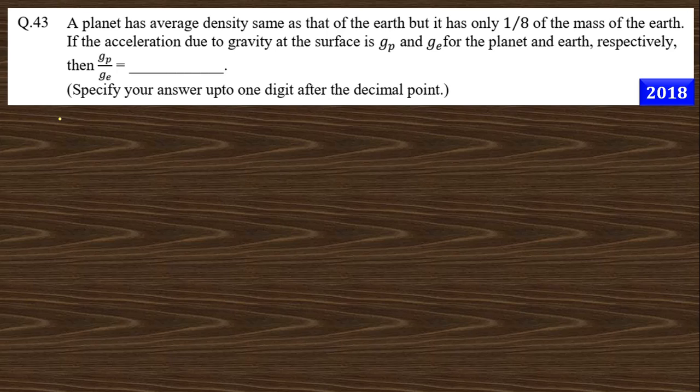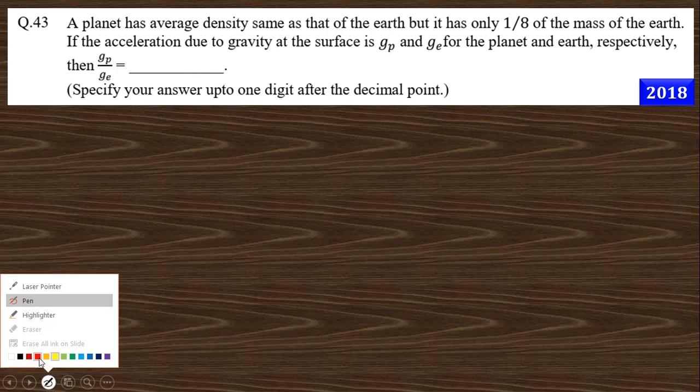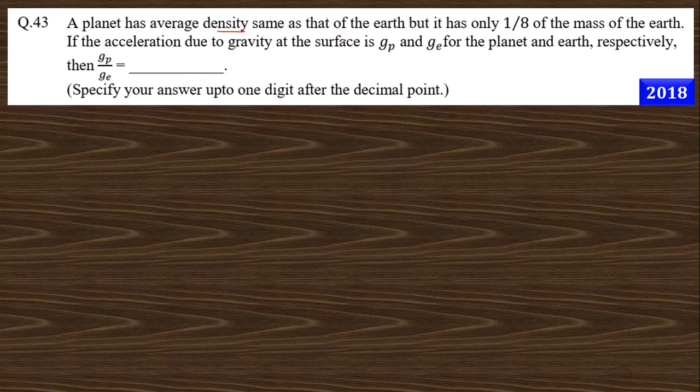Okay, and the next question says a planet has an average density the same as that of the earth. The average density is the same as that of the earth, but it has only one eighth the mass of the earth.